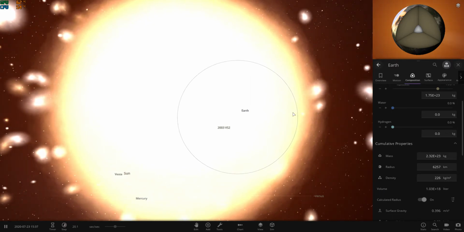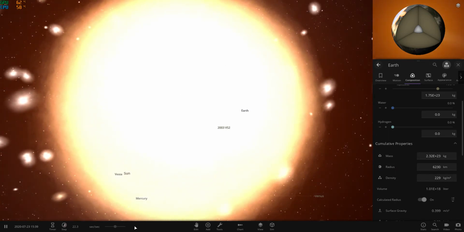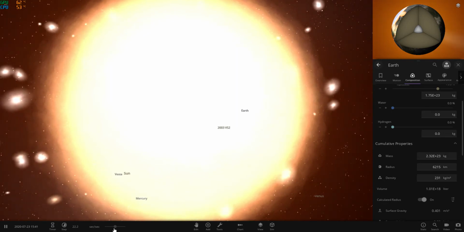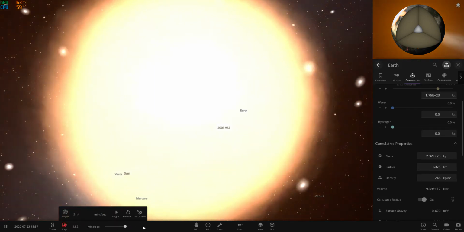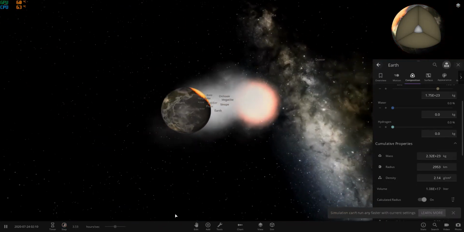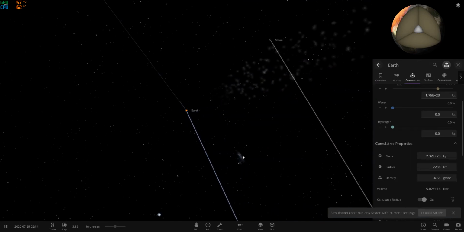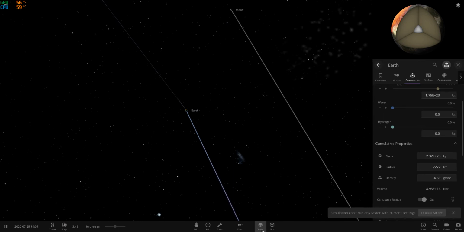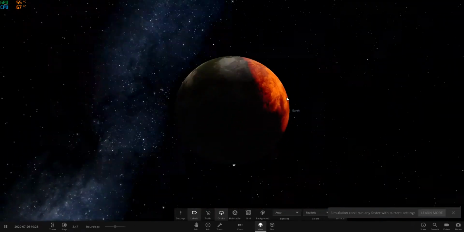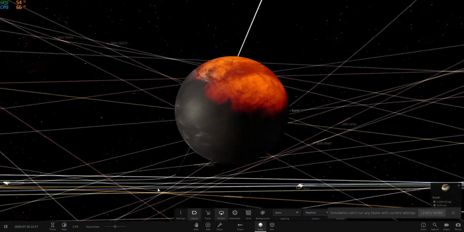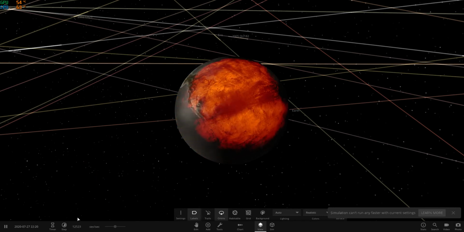Earth is my wife left me, as well as like 80% of Earth's mass, because the simulation can't run after its current settings.